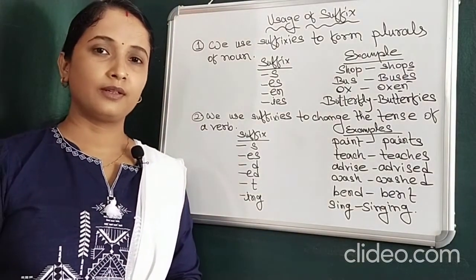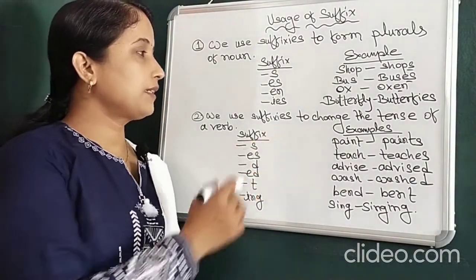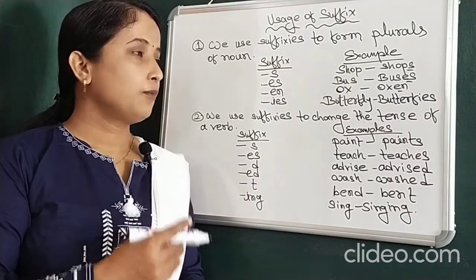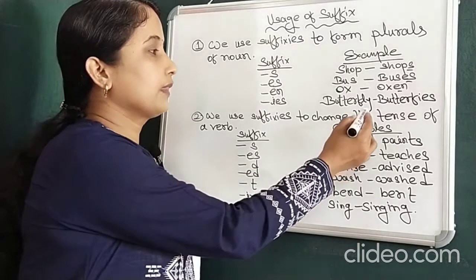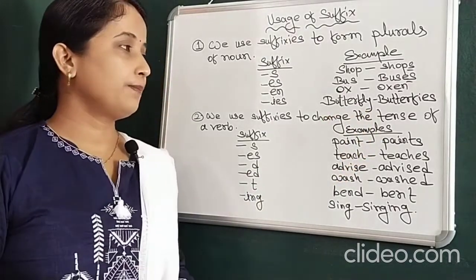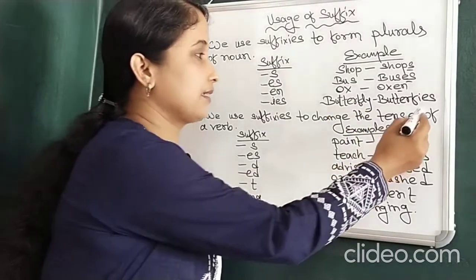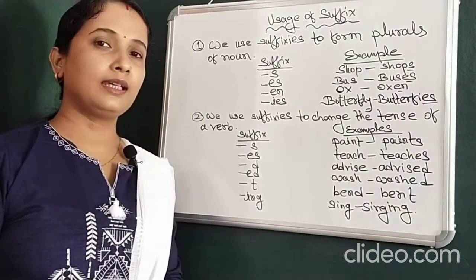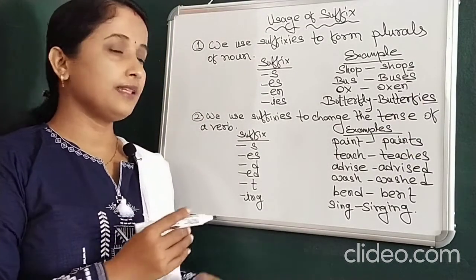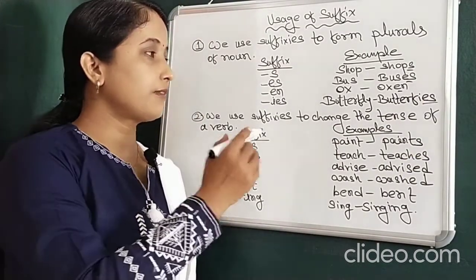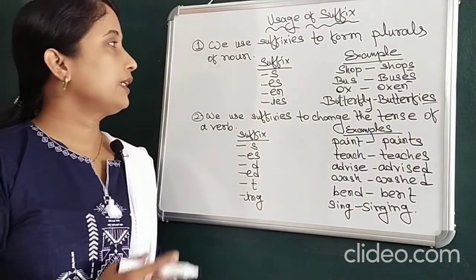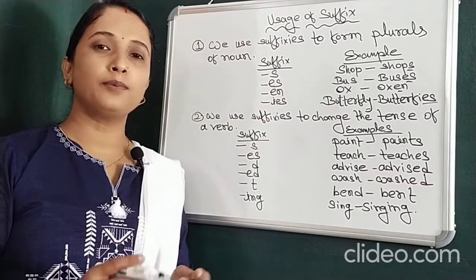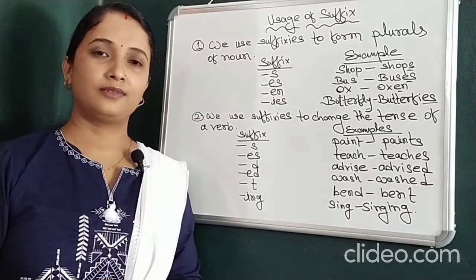The word butterfly changes to its plural form butterflies. Here y is dropped and then replaced with the suffix ies. So butterfly is in singular form and butterflies is in plural form. So we can use suffixes to form plurals of nouns.